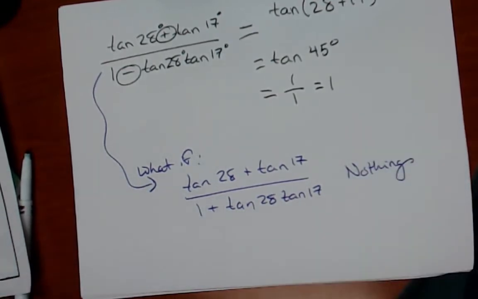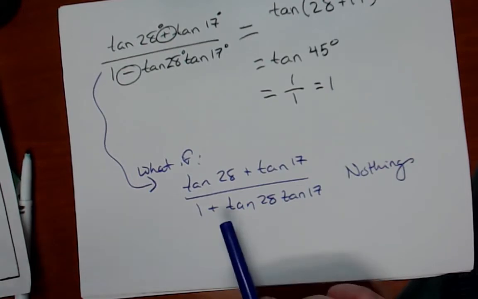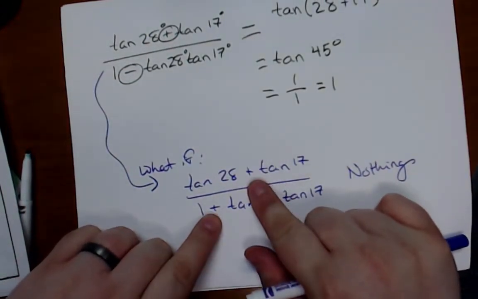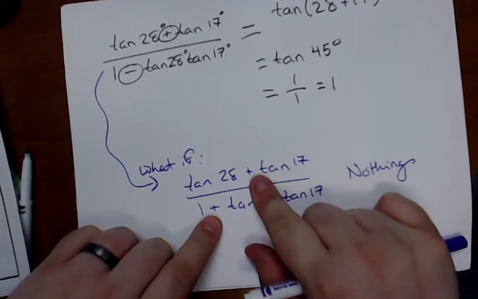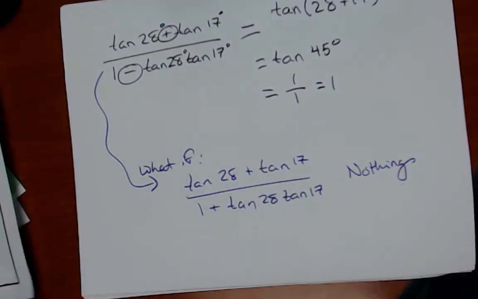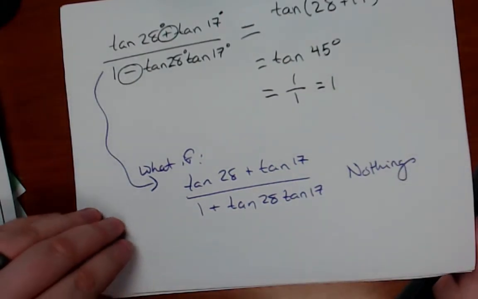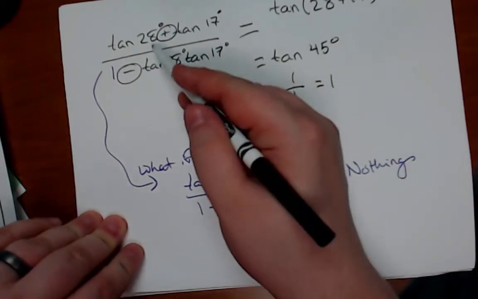You're going to have to put it in your calculator because these signs need to be opposite. You either need to have a plus and a minus or a minus and a plus because of the form of our tangent angle addition and subtraction formulas. So be careful with the signs in that one. All right, so that brings together all of our sum and difference formulas.